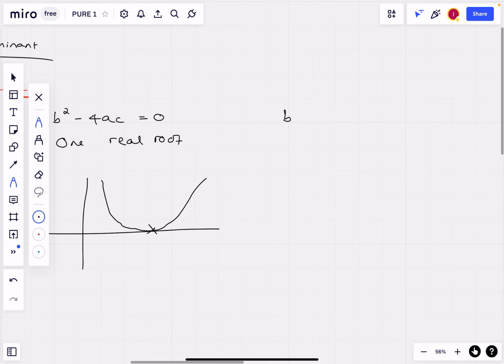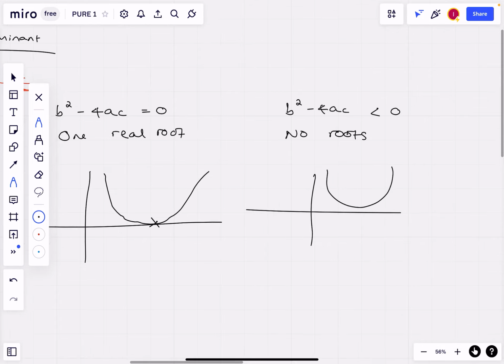If your discriminant is less than 0, that means you have no roots. So it doesn't intersect the x-axis at any point. That's the whole use and the function of the discriminant. It's only to figure out how many roots you have.